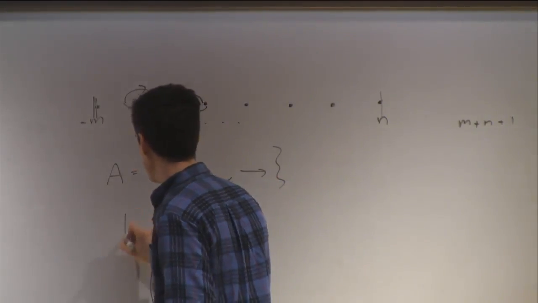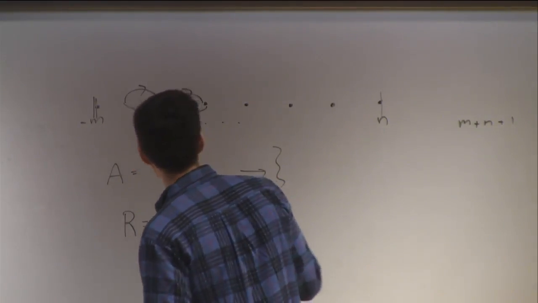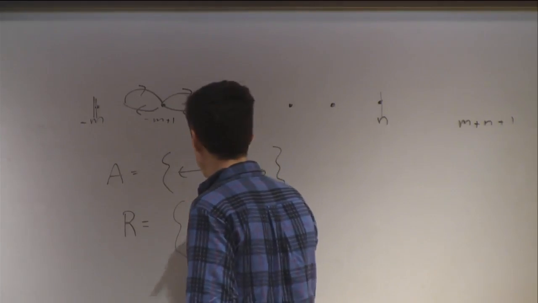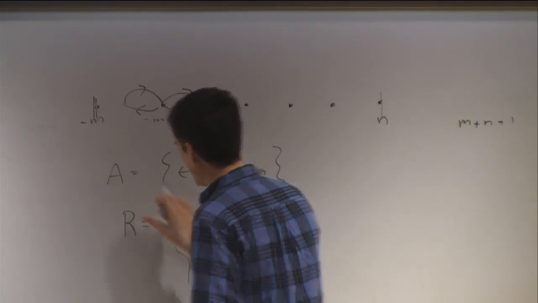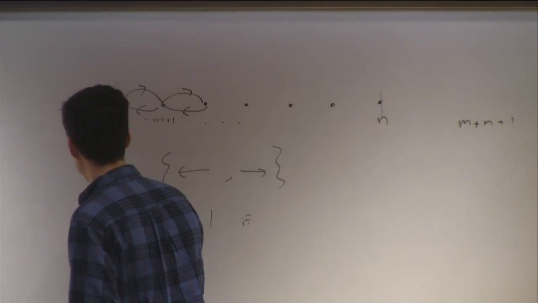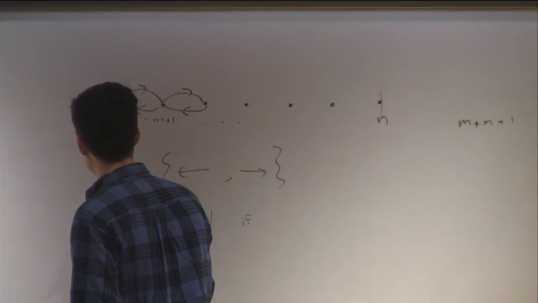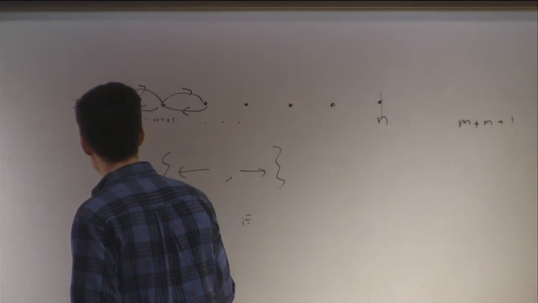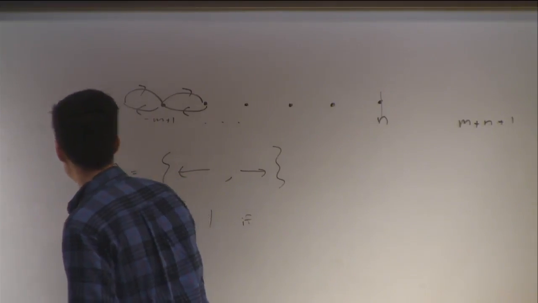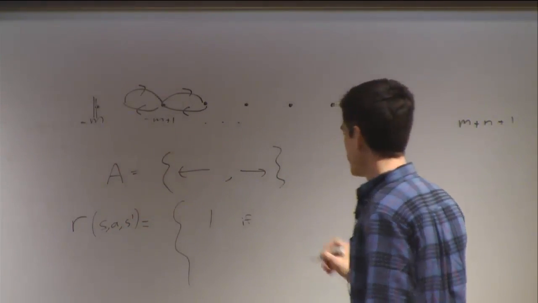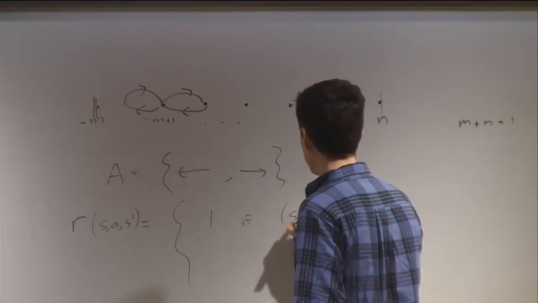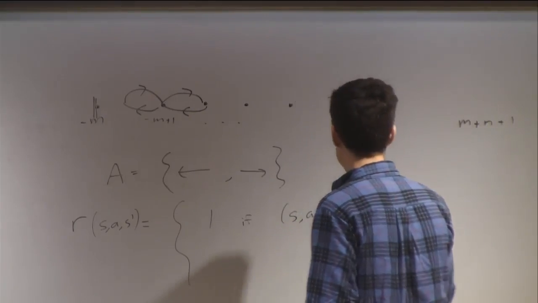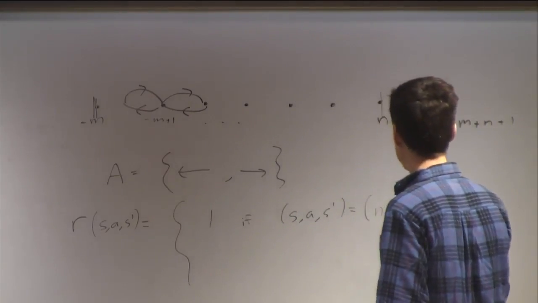And the reward function we'll define to be 1 if, well, let's just write the argument. So reward of s, a, s prime, let's use lowercase r, equals 1 if s, a, s prime is n minus 1 to n.